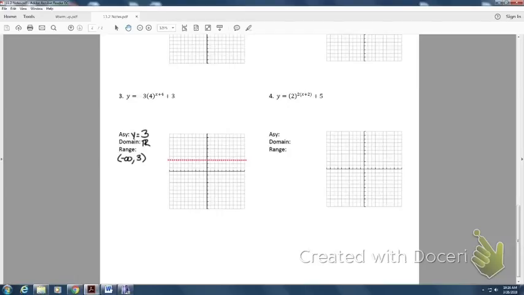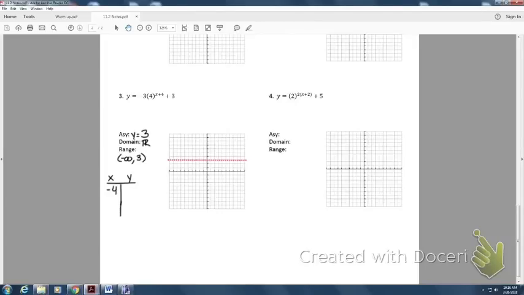Josh, what x value is going to make my exponent 0? Which Josh? Josh Webb. 3. So here's your exponent. Oh, 4. x plus 4 is 0. Josh Starnes? Negative 4. Yeah.